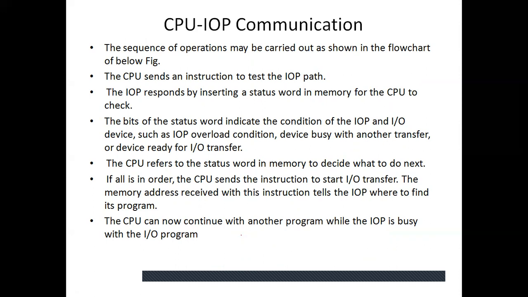Here the status word indicates the condition of the IOP device. The CPU refers to the status word. The CPU sends the instructions, and all the checking is done in parallel in order to communicate. So this is how the CPU to IO communication is going to be done in this format.